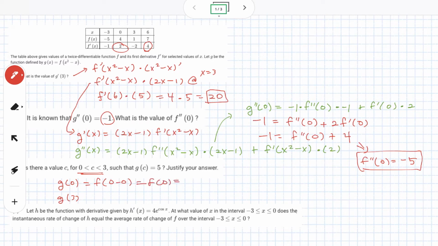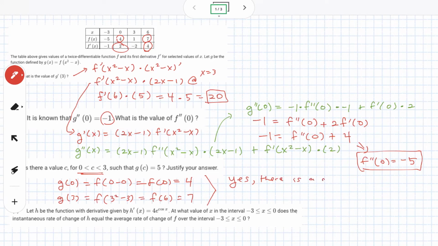What is g of 3? So g of 0 is f of 0 minus 0, which is f of 0, which is equal to 4. And then g of 3 is f of 3 squared minus 3, which is f of 6, and that's equal to 7. There we go.